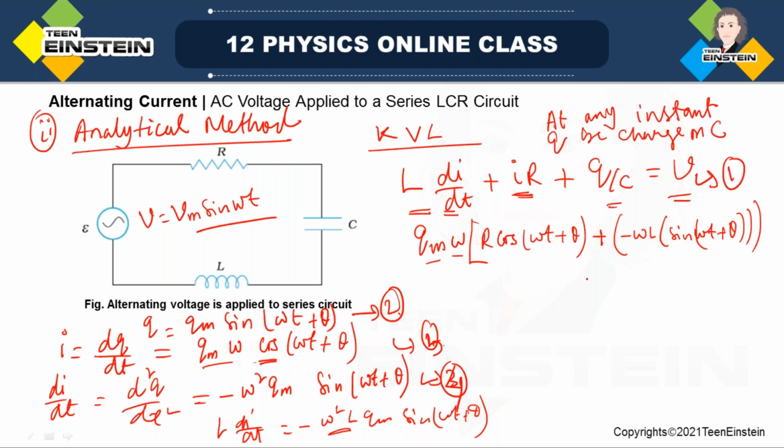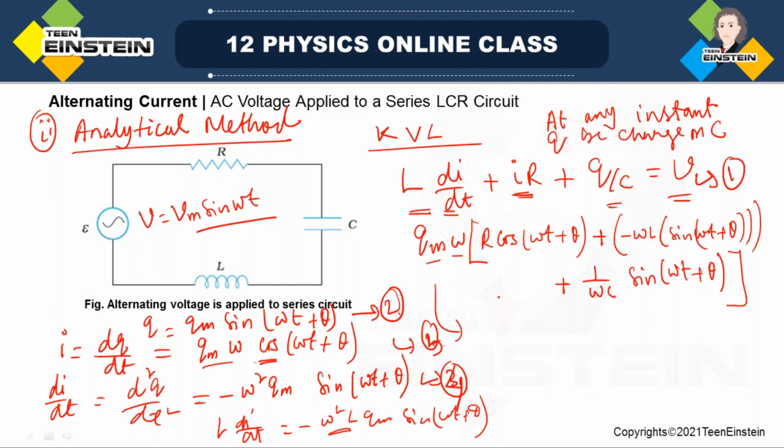And for q, you will get qm omega taken common, so you have to divide by omega. You will get 1 by omega C, and this will be sine of omega t plus theta. You just do it by yourself with a cool mind, you will get this.